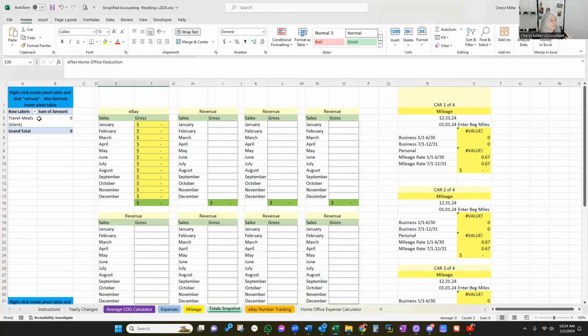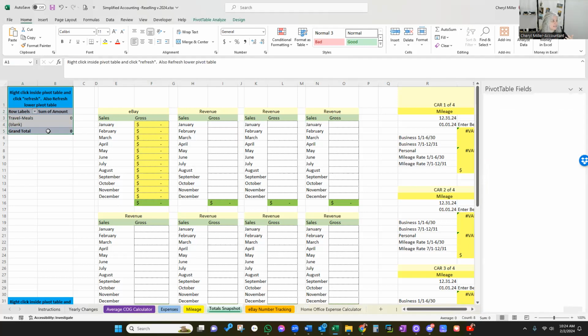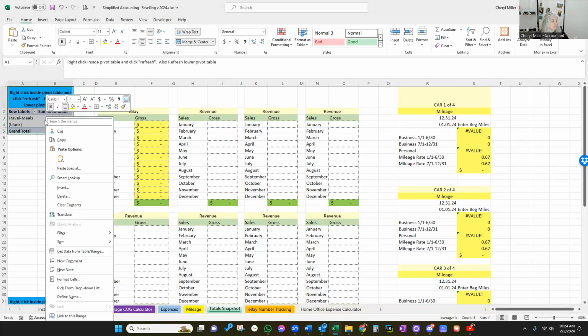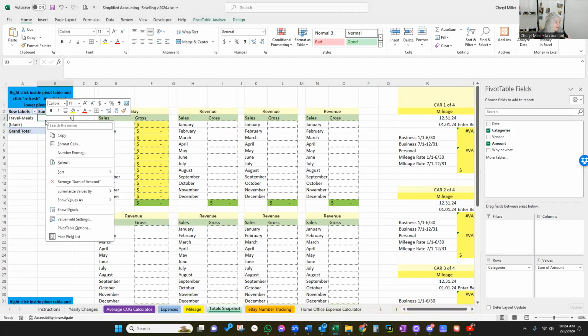So if you have totals, then you are in this section, you would be able to right click and refresh. And then that is going to total all of the categories that you have entered.